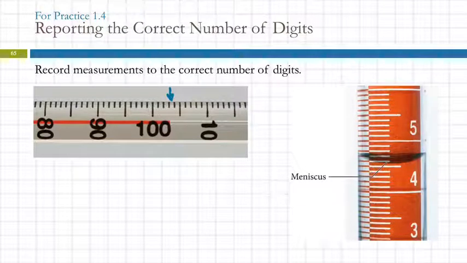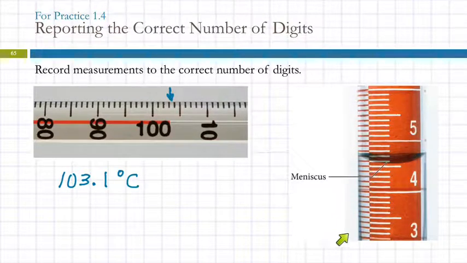So 103 point something. And this is where you give it your best shot. You say, well, maybe I think that's 103.1 degrees Celsius. Any questions?